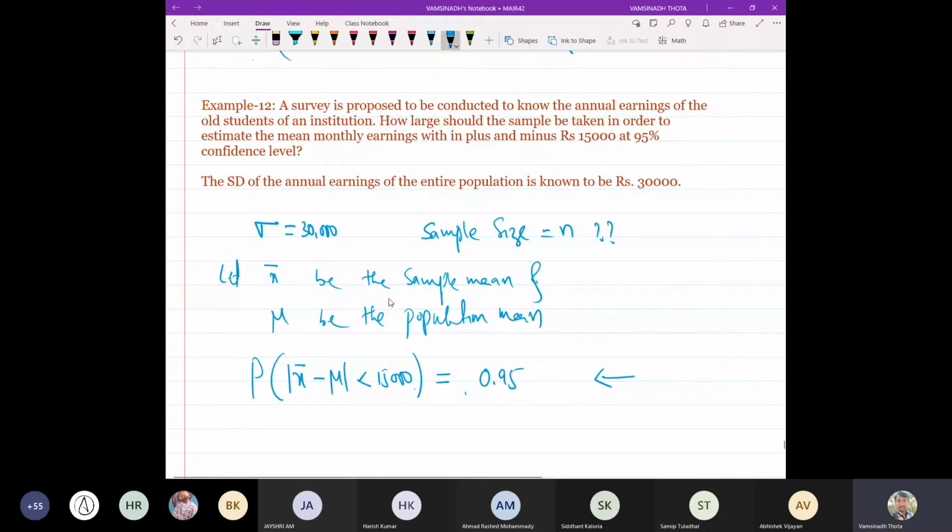Read again carefully, and if you still have doubts, you ask me. How large should the sample be taken in order to estimate the mean monthly earnings within plus and minus 15,000 rupees?